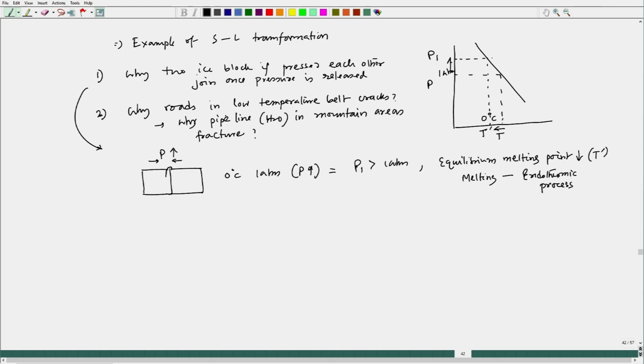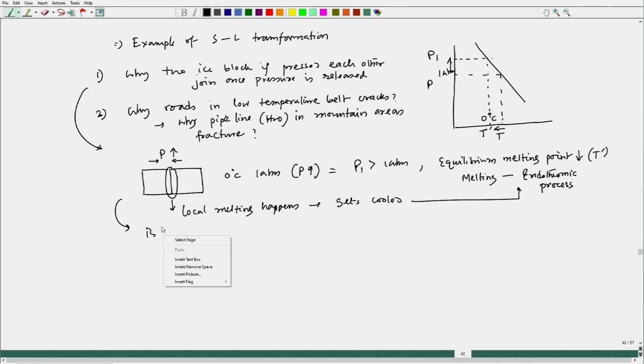So, in this region local melting happens. And when local melting happens, the region also gets cooled because of the endothermic process.